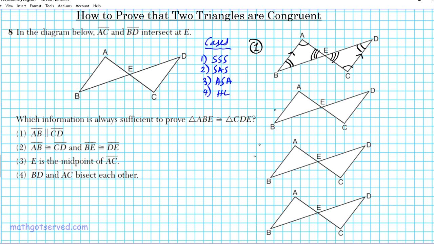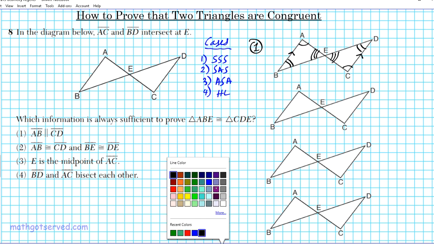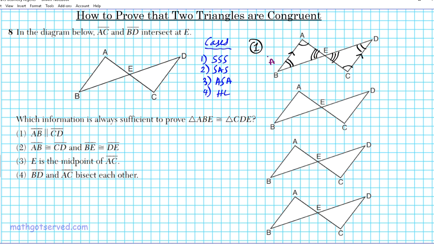Ladies and gentlemen, what do we have here? We have angle, angle, angle. Okay, so this is AAA. Is angle, angle, angle sufficient to prove congruency? Look at the list. The answer is no. Let's move on to option 2.